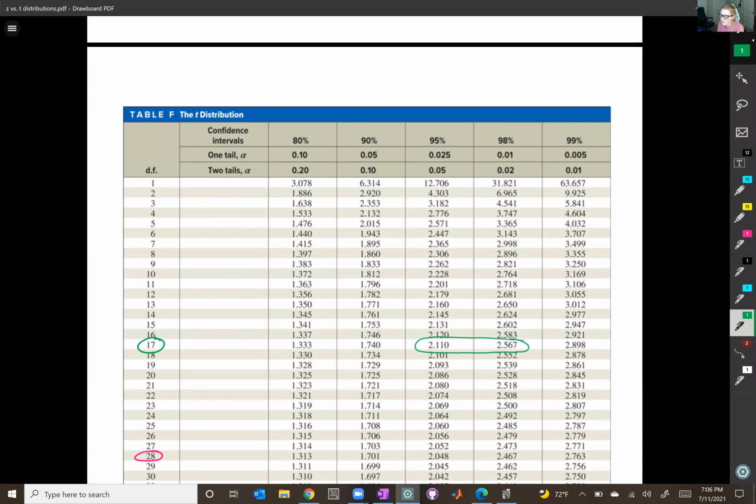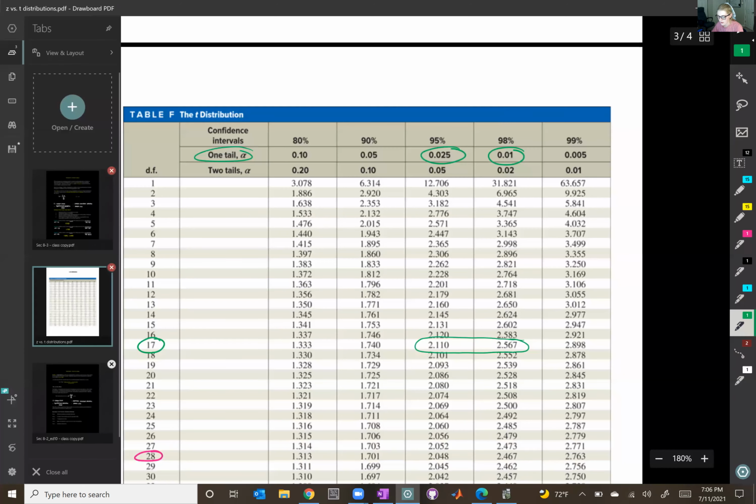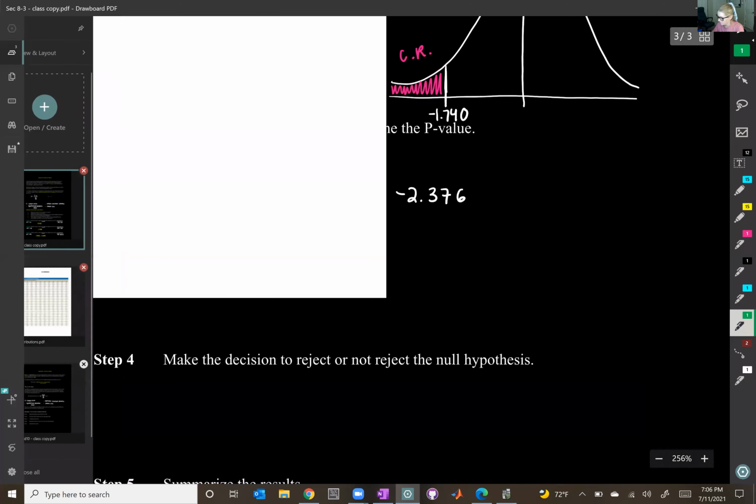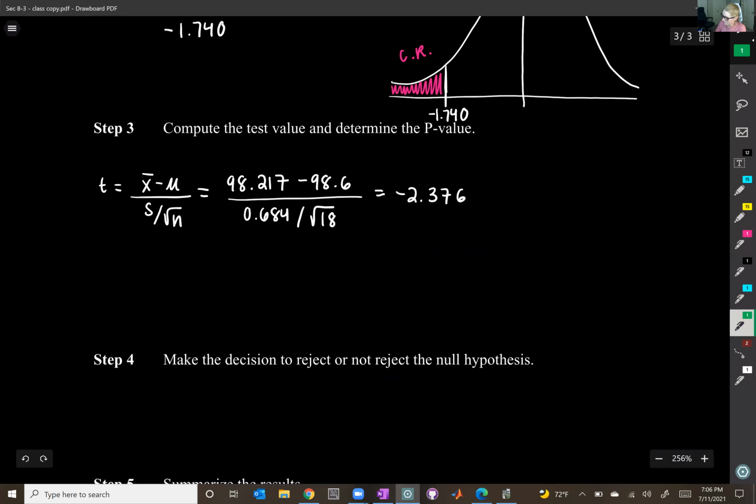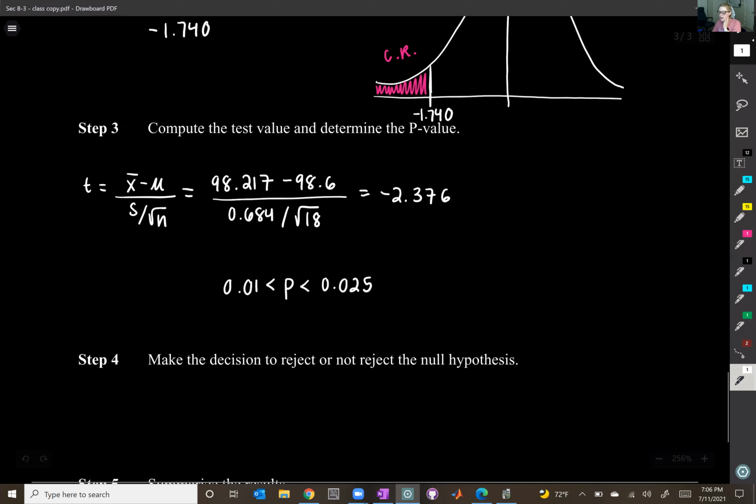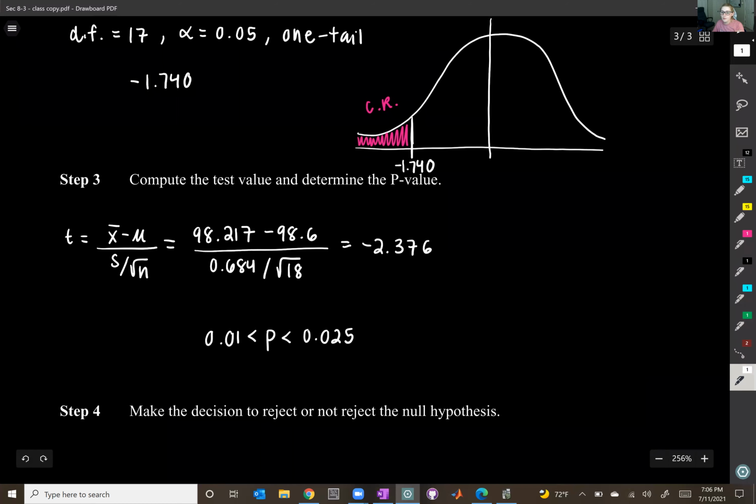I have a one-tailed test going, which means my p-value is going to fall between 0.025 and 0.01. So my p-value is between 0.01 and 0.025.